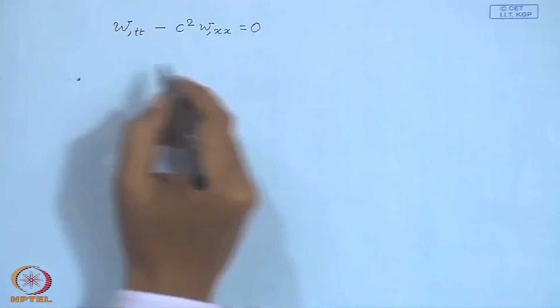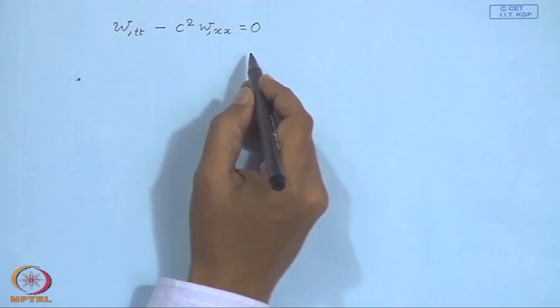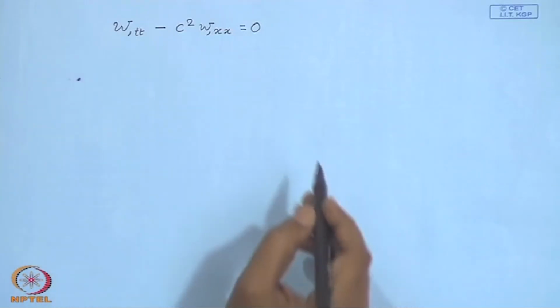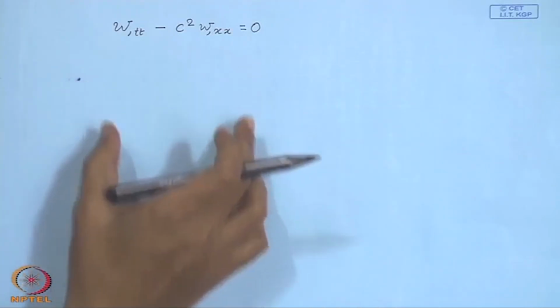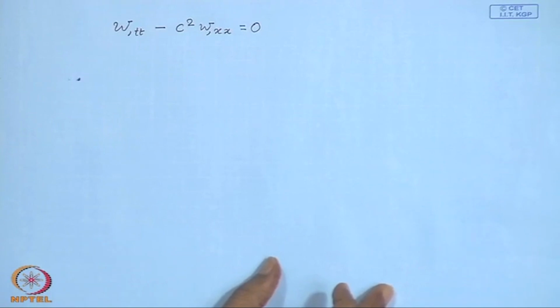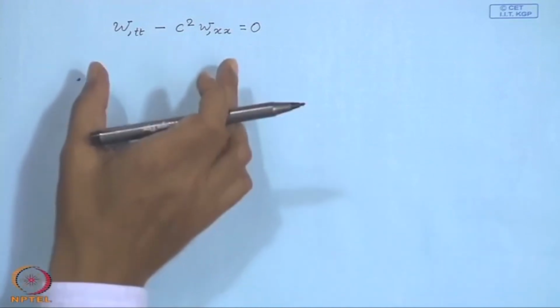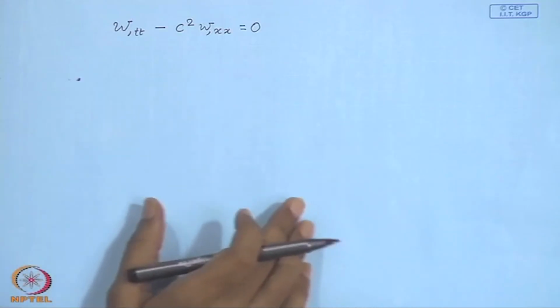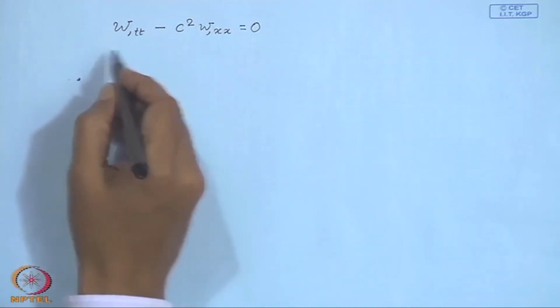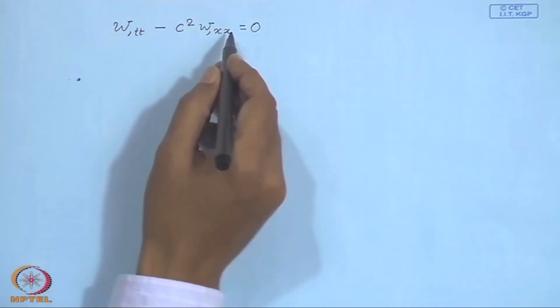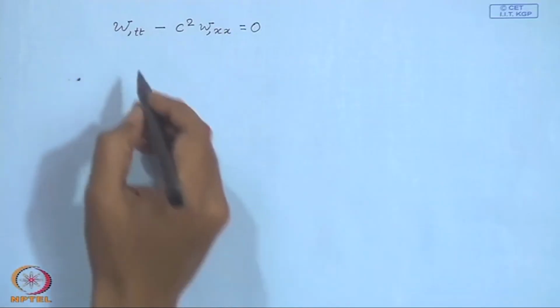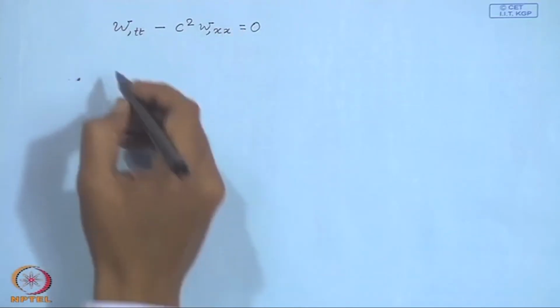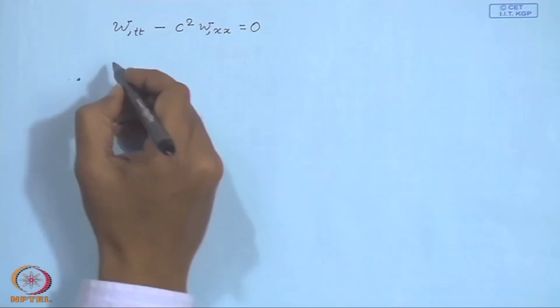So, what we are looking at is this wave equation, and we want to determine the solution of this equation in terms of propagating waves. To do that, let us write this equation like this.